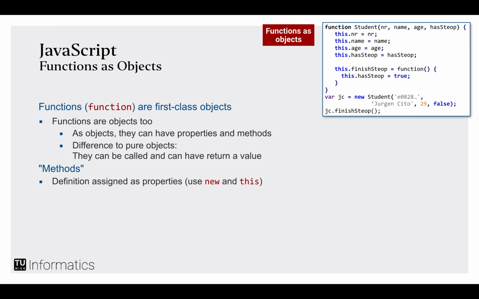We can say this number is equal to some value, and so on and so forth. You can again assign functions here also. And now, if you say new student, for instance, based on this function definition, this student function serves as a constructor for new objects. Okay.